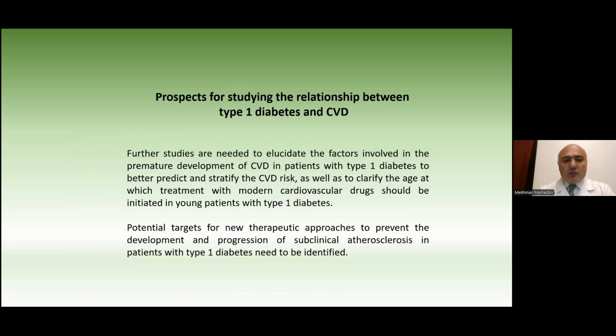What are the prospects for studying the relation between type 1 diabetes and cardiovascular disease? Further studies are needed to elucidate the factors involved in the premature development of cardiovascular disease in patients with type 1 diabetes, to better predict and stratify cardiovascular risk, as well as to clarify the age at which treatment with modern cardiovascular drugs should be initiated in young patients with type 1 diabetes.